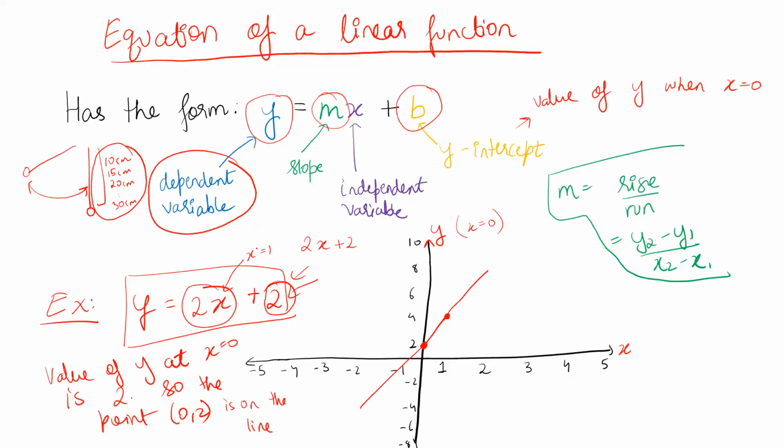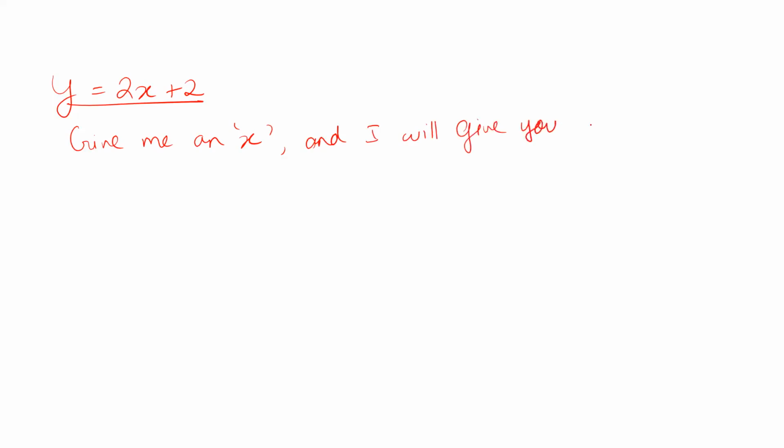So you can put in whatever value of x you want into this equation. When we have an equation, y equals 2x plus 2, what this is saying is, you give me a value of x, give me an x, and I will give you a y.